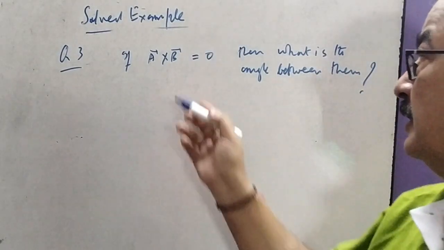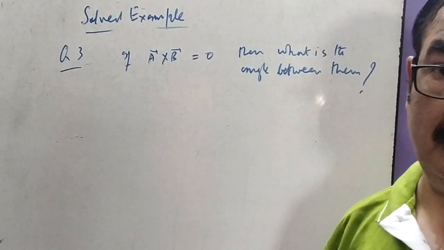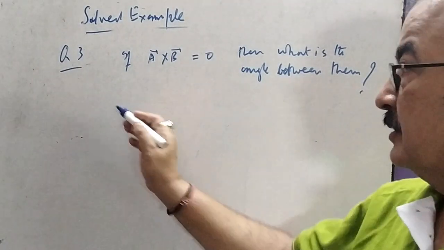You know well that it is already written that A cross B is 0. Then what is the angle between them?